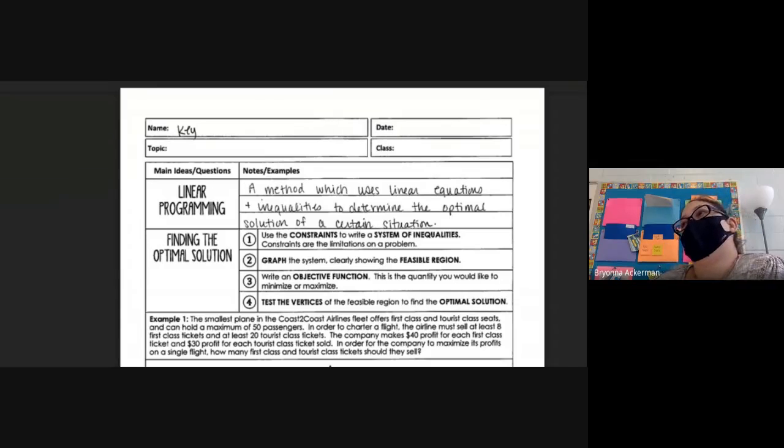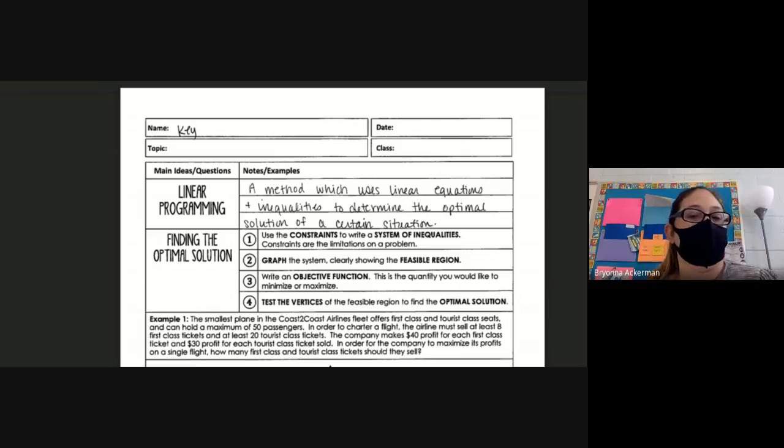So the vertices are going to be the ends of where the lines meet, right? And those are going to be the crucial points because the edge of the solutions are either going to be the maximum or the minimums or things that you need. And so testing the vertices is really going to help you see where the situation has a better answer, okay? So let's try one.